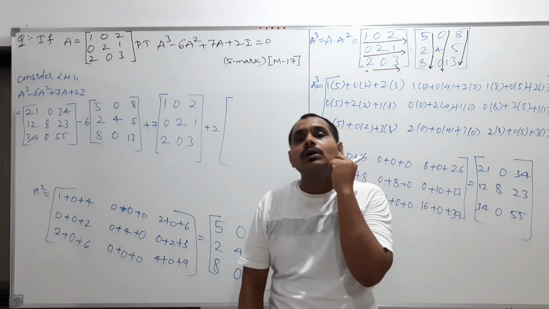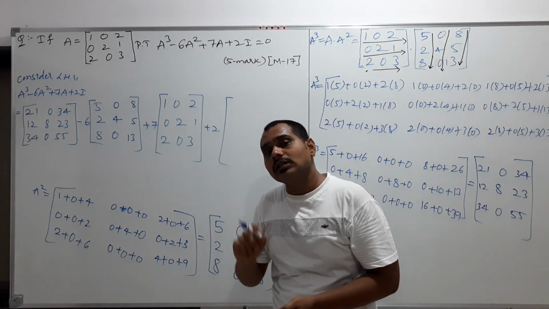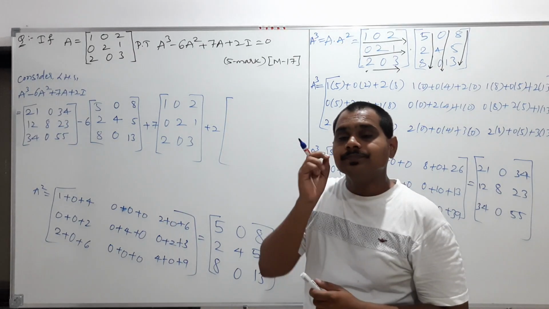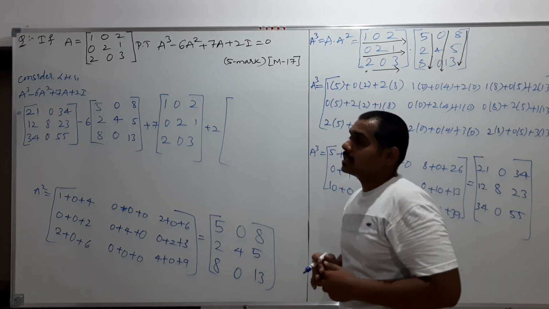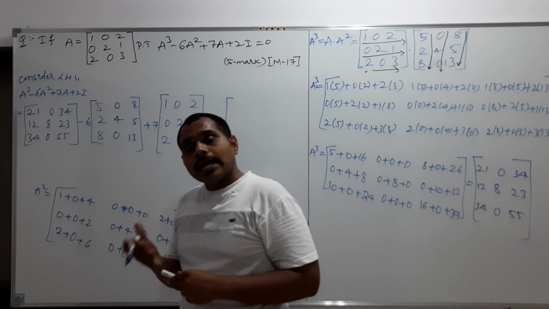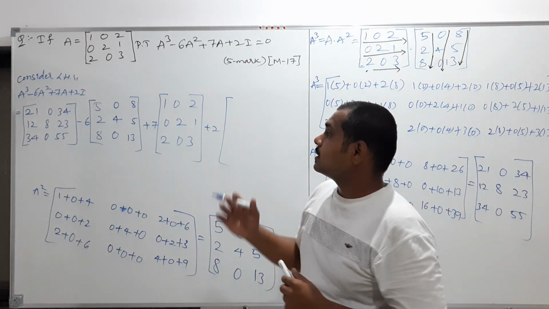Identity matrix means, in a square matrix, all the non-diagonal elements are 0 and the diagonal elements must be 1. Such a matrix we can call a diagonal matrix, and the order of that matrix we should consider depending upon the given question.